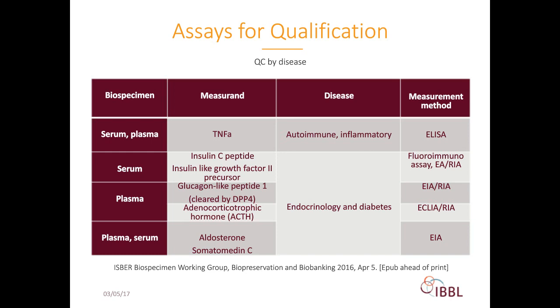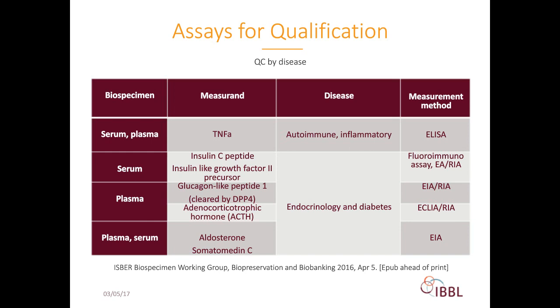As an example, glucagon-like peptide 1 is a recognized biomarker in diabetes, and it is proteolytically cleaved by dipeptidyl peptidase 4 in plasma. Therefore, if glucagon-like peptide cannot be detected at all in a plasma sample, this means that something is wrong with the quality of this plasma sample, and the sample cannot be reliably used in research in this specific disease area.